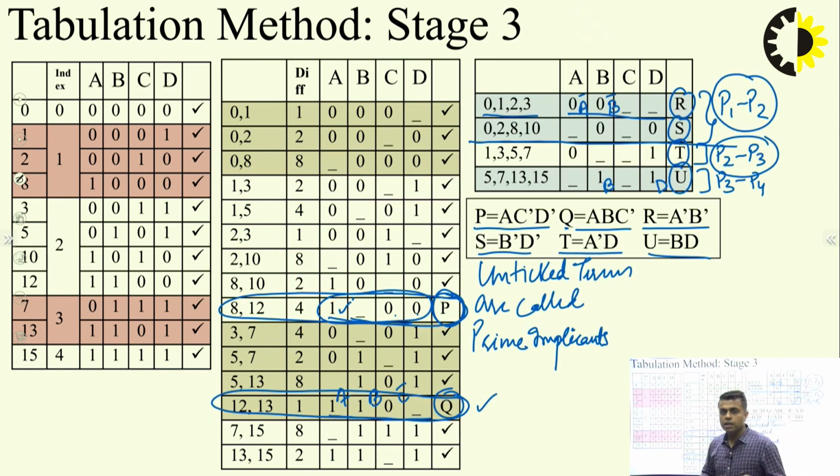That means in the grouping stage, there is no difference whether a given term is a min term or a don't care term. The presence of don't care would not have affected my grouping possibilities.